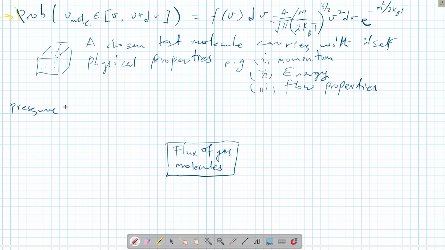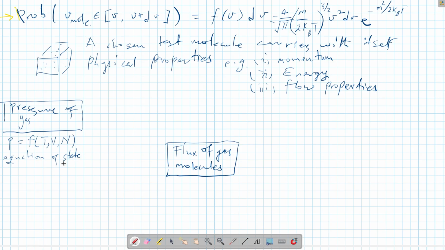Okay, so pressure. We know that gases have pressure. I hope you're going to see that we can derive a formula for the pressure to be some function of temperature. We have already defined temperature, the statistical definition of temperature. So pressure in terms of temperature and volume of the container, and maybe the number of gas molecules. This kind of equation is an example of an equation of state.